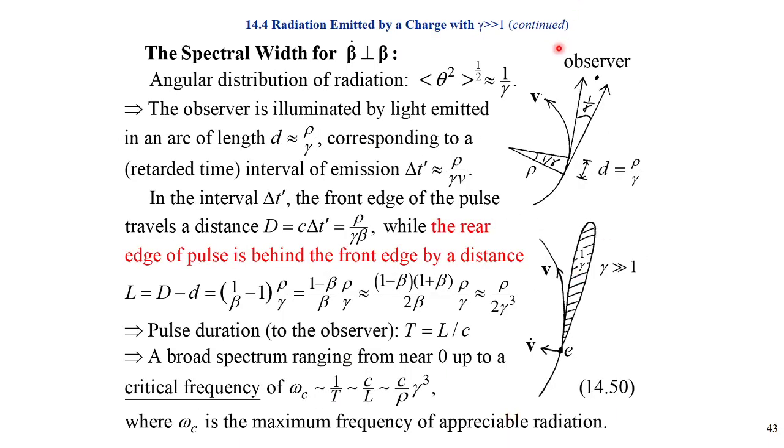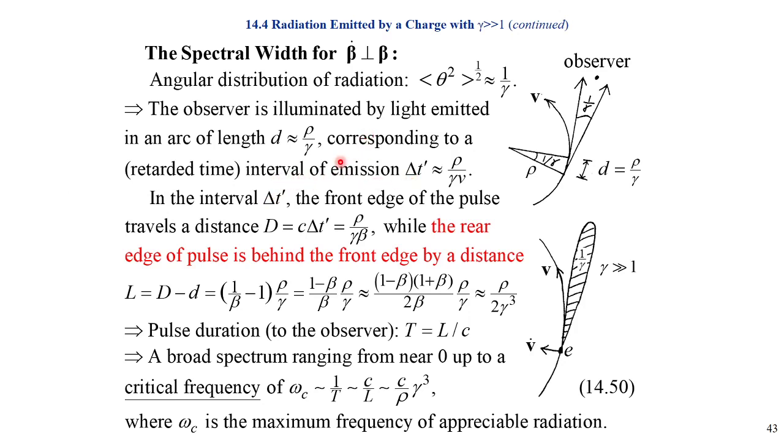Okay, so the observer is illuminated by light emitted by an arc of length d equals rho over gamma. That's the angle. So the arc is d equals radius times angle, corresponding to the retarded time interval.